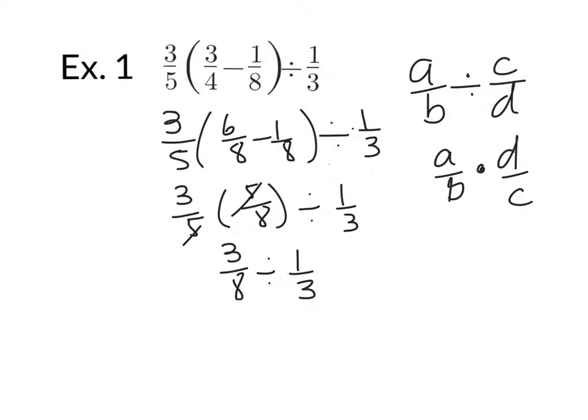In other words, division by a fraction is the same thing as multiplying by its reciprocal. The reciprocal is what you get when you take a fraction and you flip it upside down.